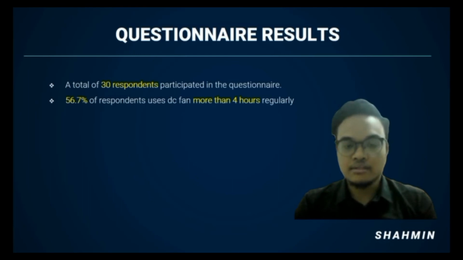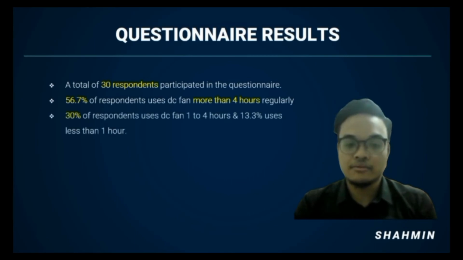From these respondents, we see that the demographic is aged between 20 to 25, which is university students, and most of them are using these devices for studying and sleeping. Only 30% of respondents use this device 1 to 4 hours, and 13.3% use less than 1 hour in a day.